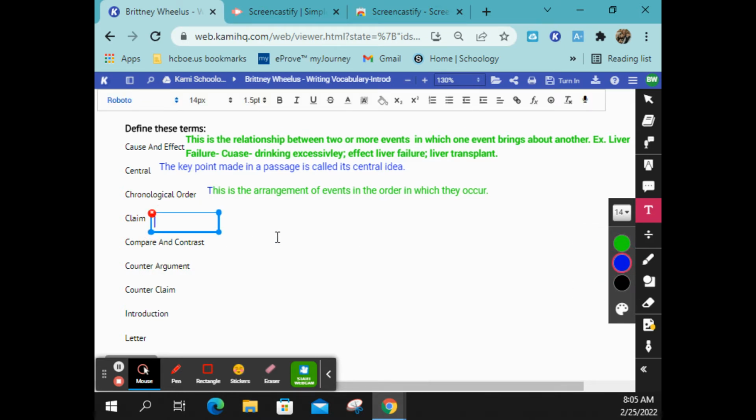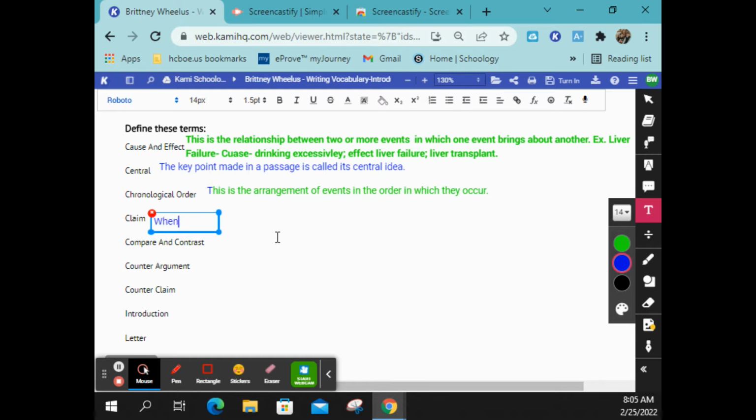Now, if you make a claim to somebody, what are you doing? If you claim something, then that means that you feel really strongly about it or you have knowledge about it to state your facts and to persuade someone to feel the same way you do, or to make them feel the same, or make them believe what you believe. Okay?